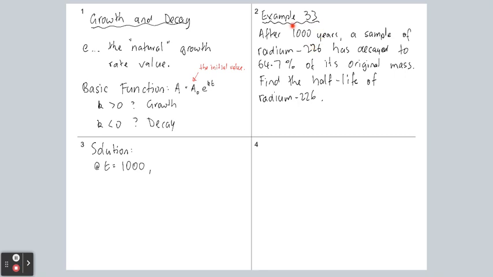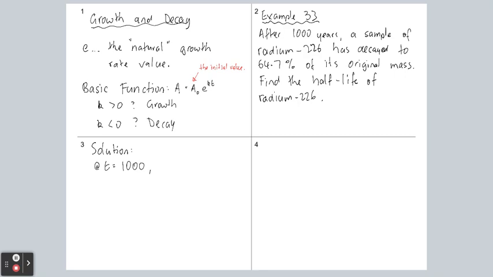What do I have? Well, I know what's happening at 1,000 years. I know that it's 64.7% of its original mass. So its original mass is A sub 0, A0, and after 1,000 years it's going to be 64.7% of A0. And I need to find the half-life, which is when the mass is half of A sub 0.